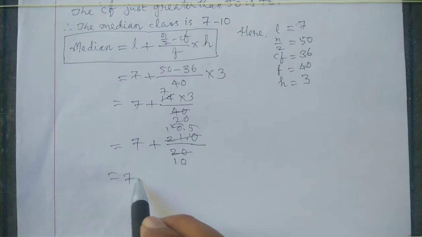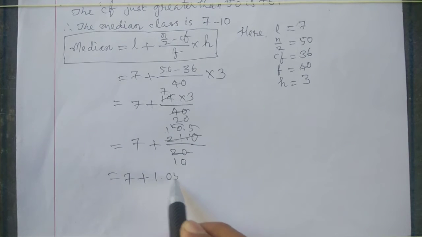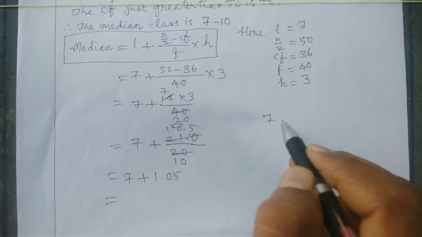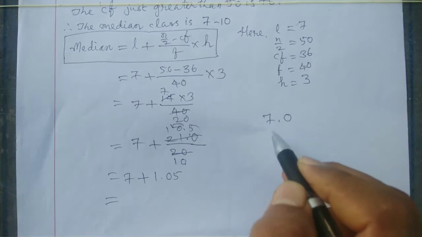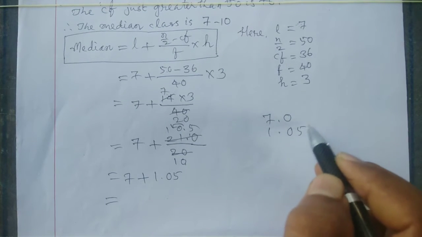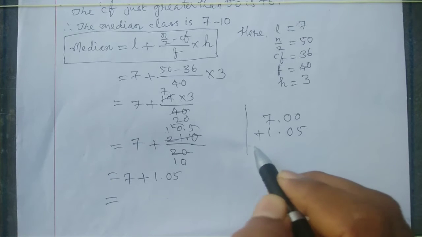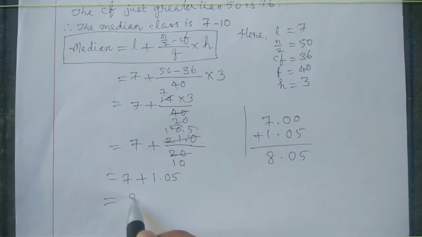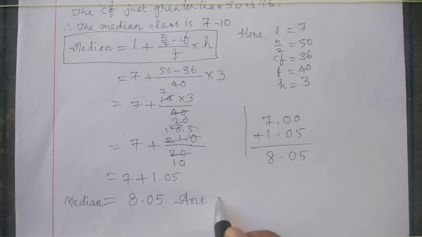So 7 plus 1.05. We have to add this: 8.05 is the median. This is the first answer.